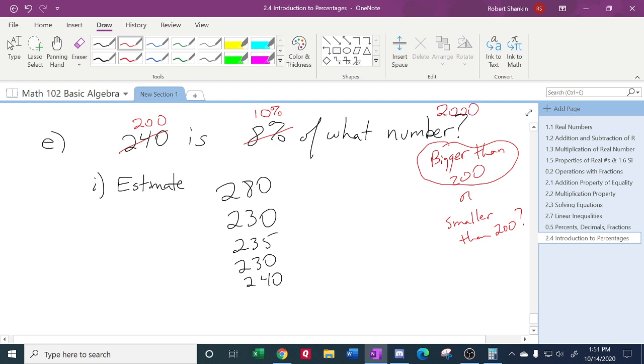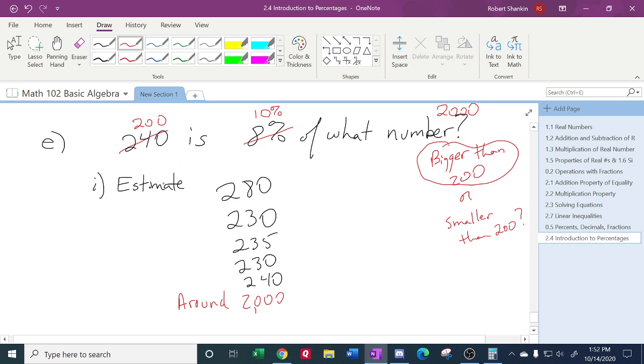If you had $2,000, then 10% of 2,000 is 200. All right, so if we estimated this, I'm going to guess that it's somewhere around 2,000, not somewhere around 240 or 280, because I'm taking an even smaller percent, 8% of this.